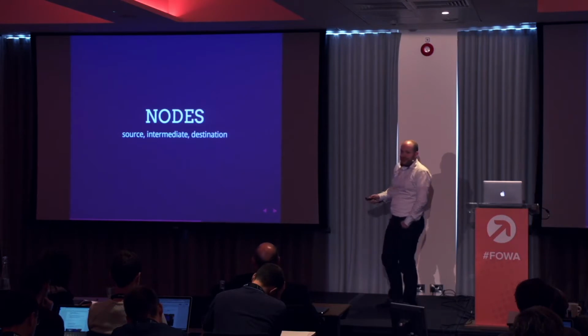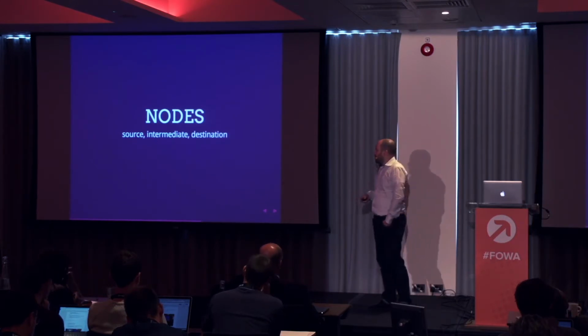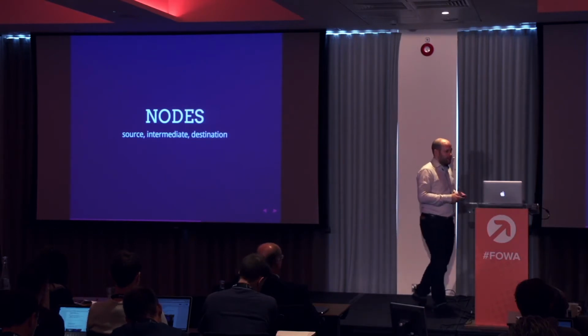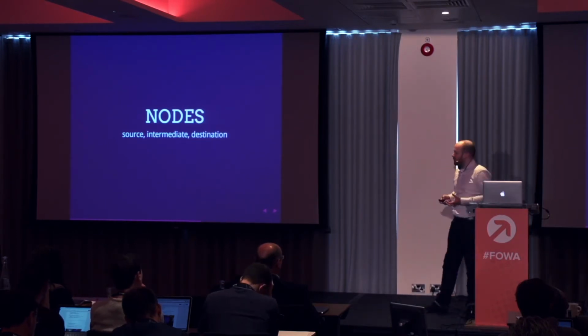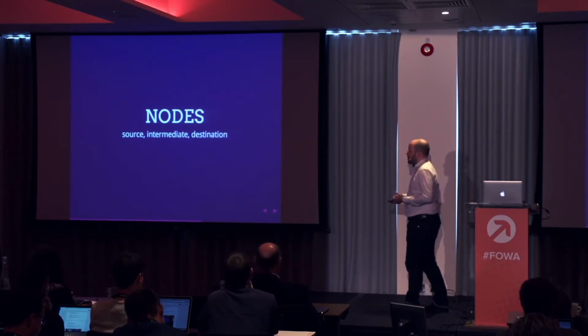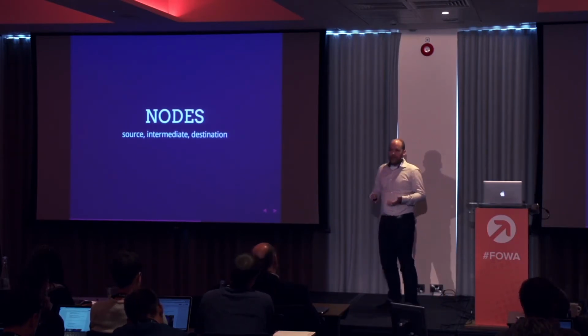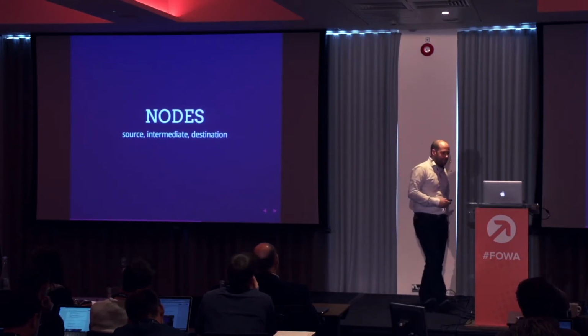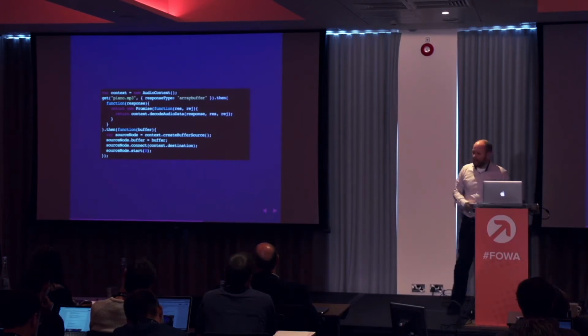So that's the source, where your audio is coming from. But then you can put intermediate nodes after it, where you can transform the sound or analyze the sound. And in the end, you're going to want to send it to a destination, which can be a file or speakers or something like that.